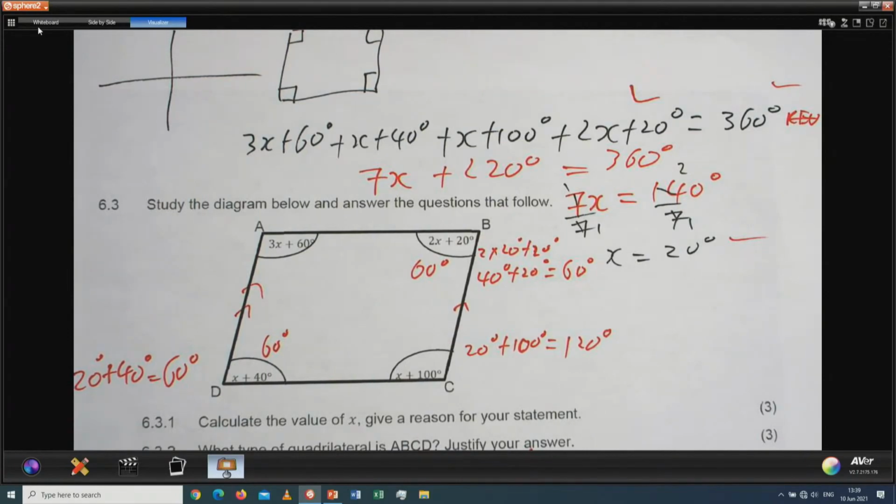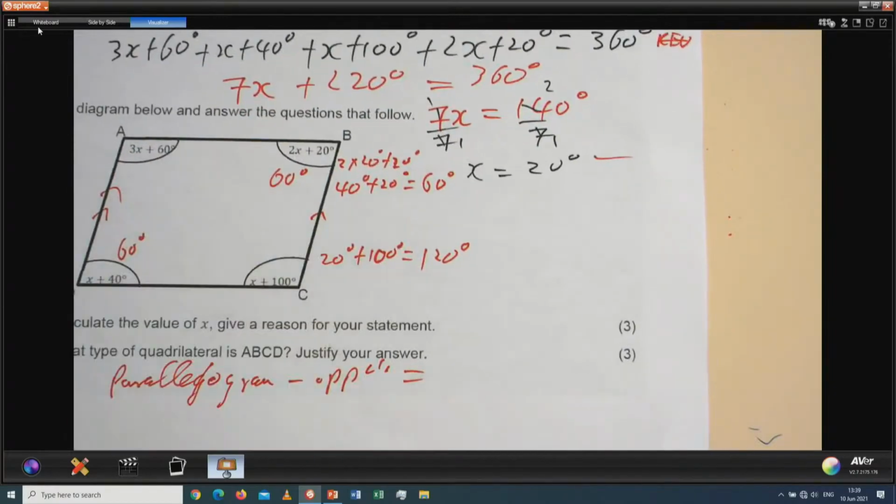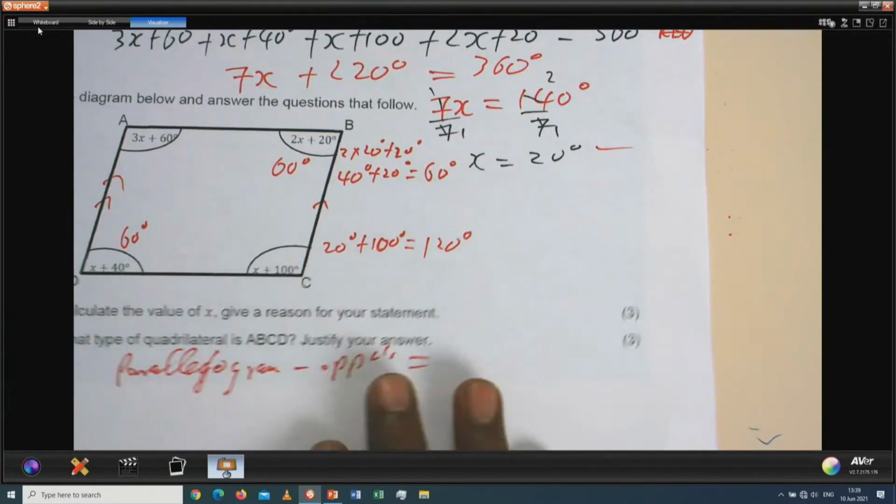I'm just trying to show you that without knowing the properties, you cannot solve these questions. Without understanding your properties, you cannot answer questions.